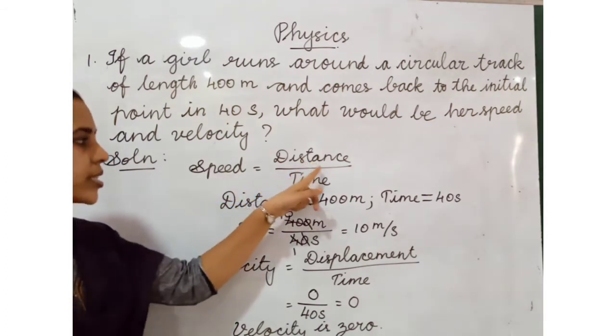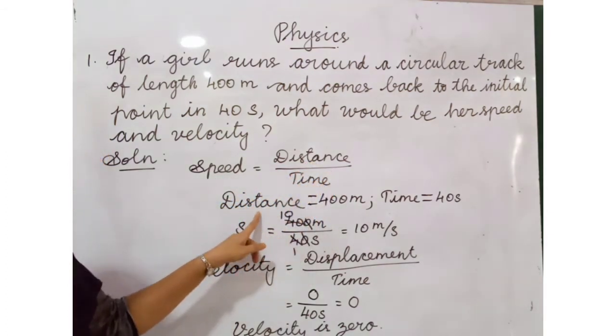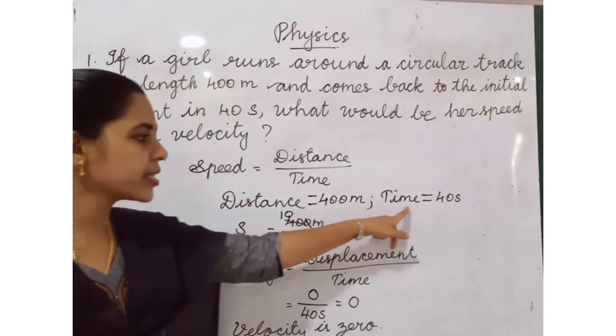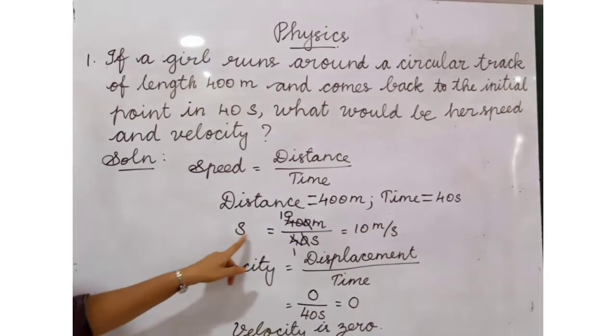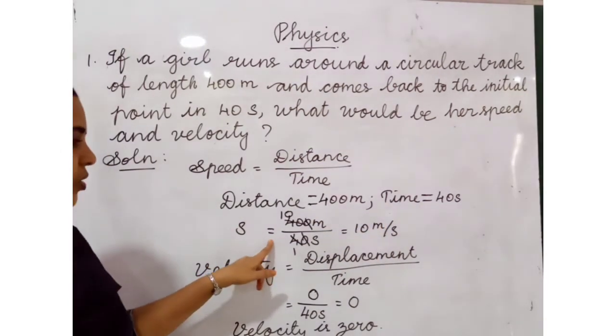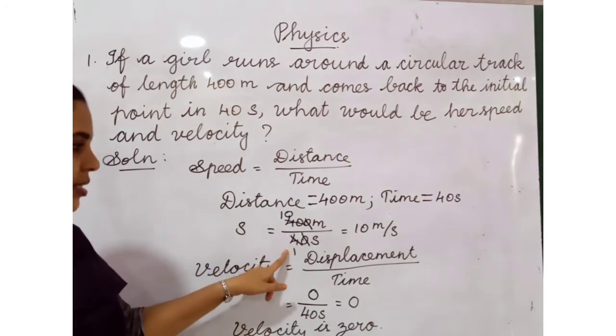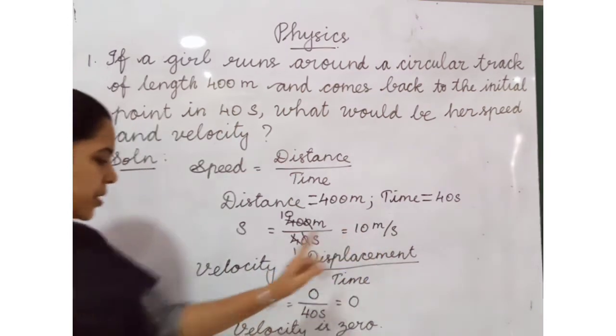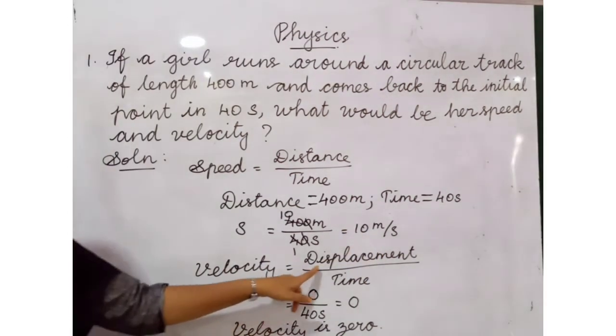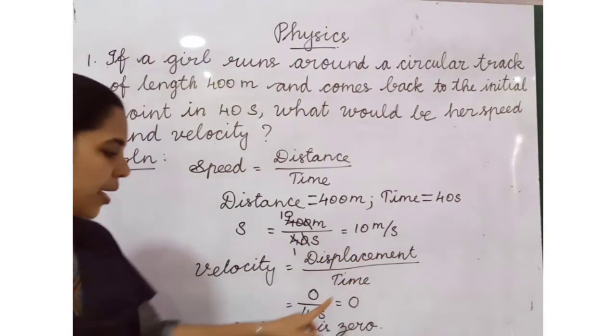Speed is equal to distance divided by time. Distance equal to 400 meter. Time is equal to 40 seconds. So the answer is 10 meter per second. Then velocity is equal to displacement divided by time.